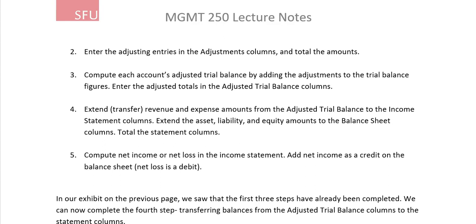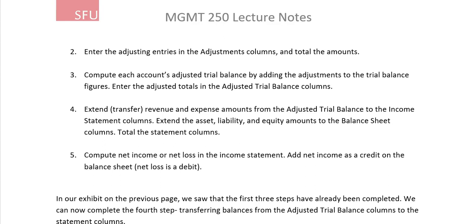Step 4 is the first new process that we're adding here in this chapter. We're going to extend or transfer revenue and expense amounts from the adjusted trial balance to the income statement columns. Recall that revenue and expense amounts were at the bottom of your worksheet. So all you're doing is going from column 3, taking the numbers and putting them into column 4, which is your income statement column.